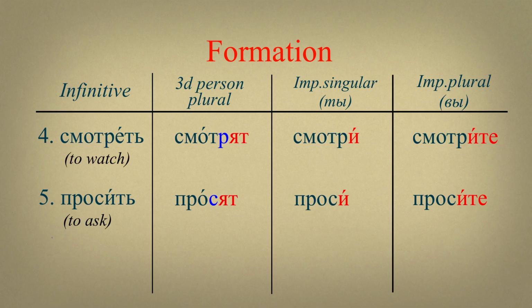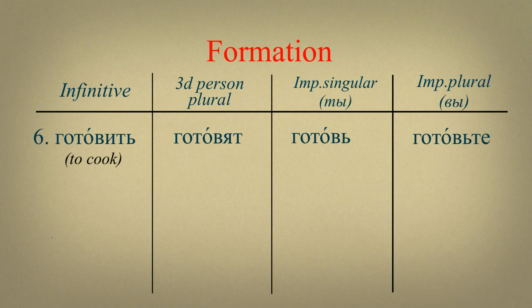Ят is an ending. И and ите are added when the first person singular is stressed on the ending. Смотрите, просите. If the present stem ends in a consonant and the first person singular is not stressed on the ending, мягкий знак or мягкий знак те are added.